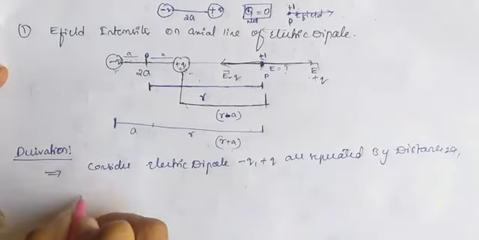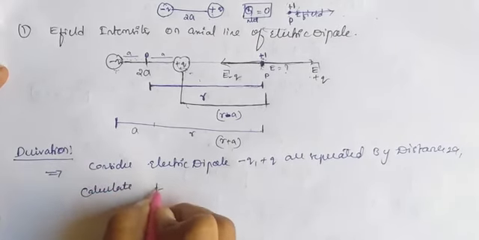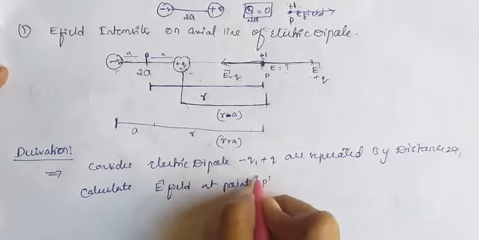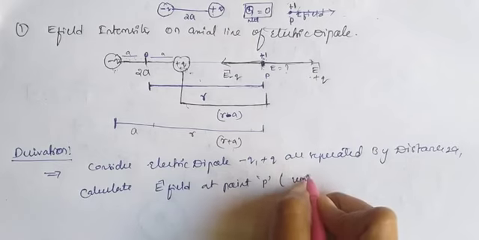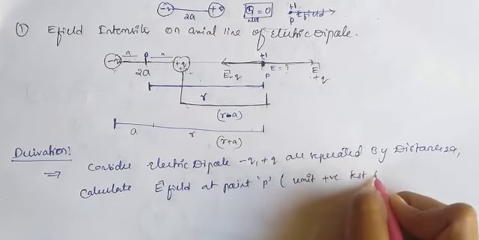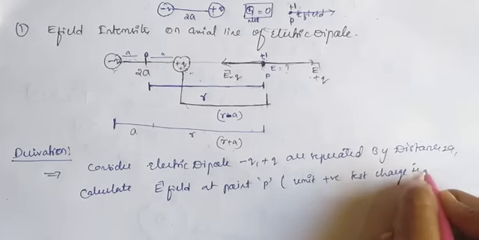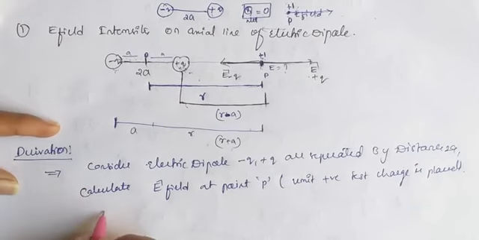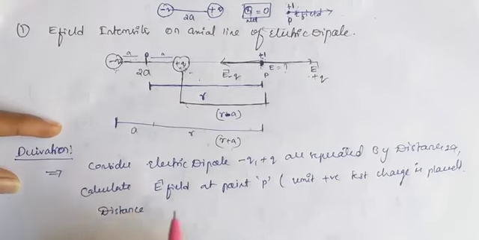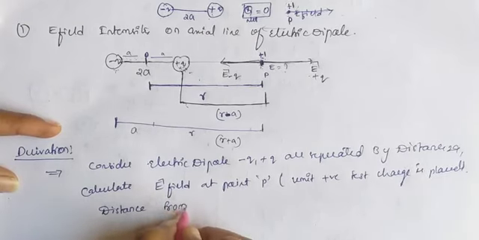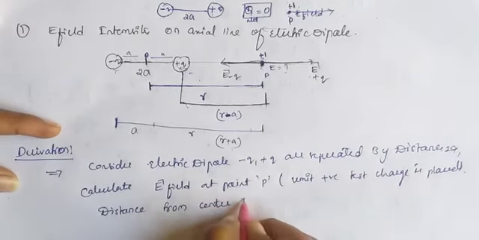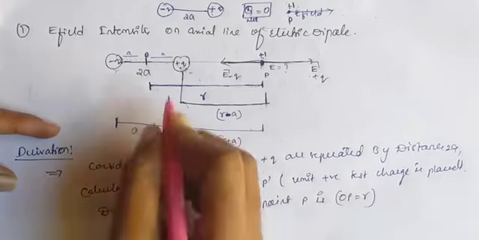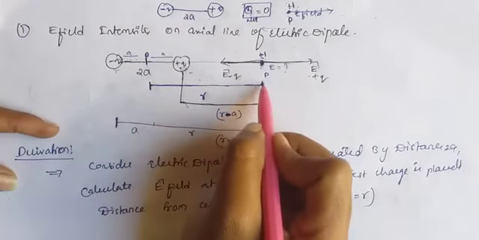Okay, and we have to calculate the electric field at point P, where the unit positive test charge is placed, that is situated at that point. Okay, so here, and the distance from center to point P is what? That is OP equals R. This is the O and this is the point P, R.